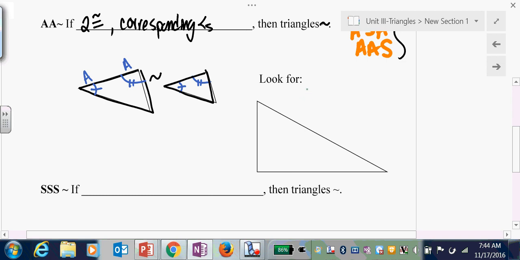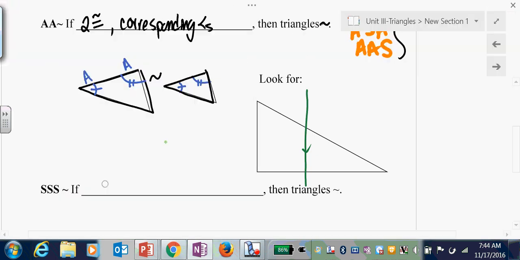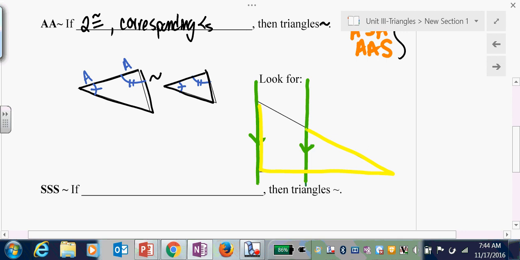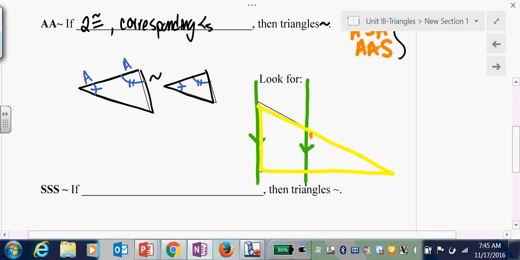Most important thing you want to look for here is watch out for this. If you have a triangle sliced by a parallel line, let's trace these two sides as parallel. Trace them with me. Technically, you now have two different triangles. Let's trace those. You see those two different triangles?